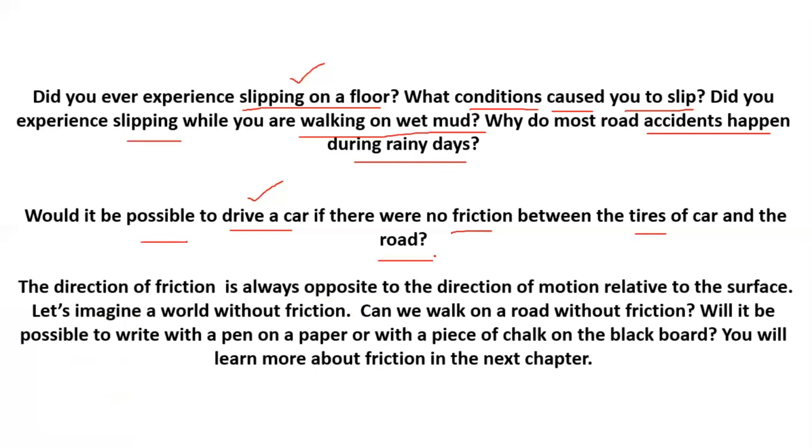The direction of friction is always opposite to the direction of the motion relative to the surface. So, the direction of the friction will always be opposite to the direction of the motion relative to the surface.